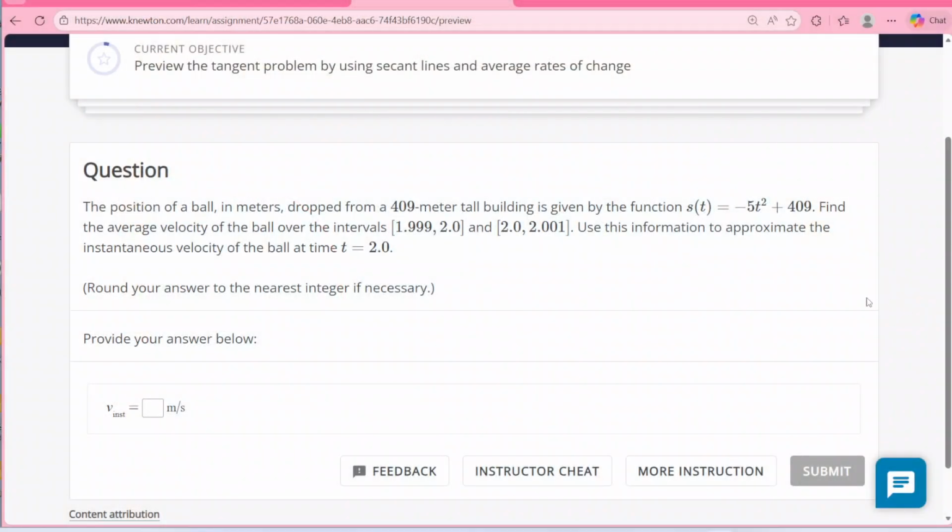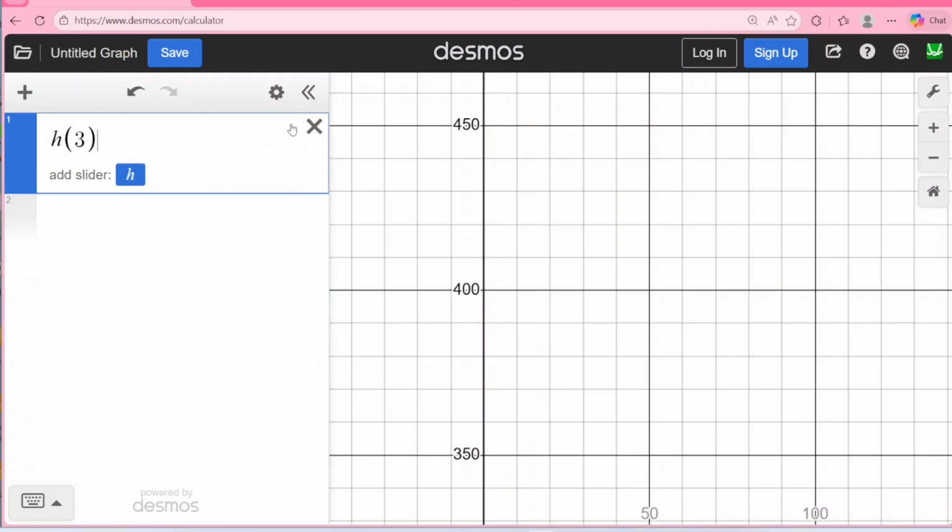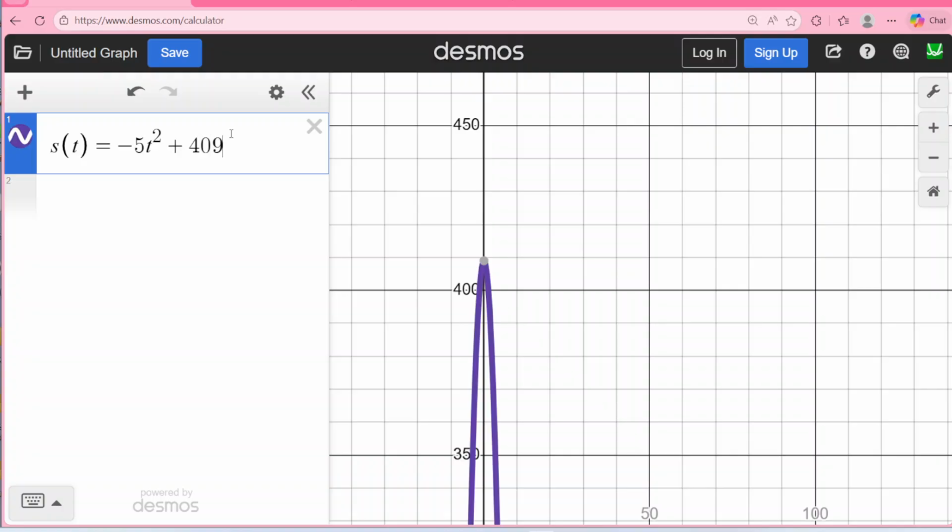And we can see that maybe a little nicer in Desmos. So here's s of t, I'll just put it in as they gave it to me, equals negative 5t squared plus 409.